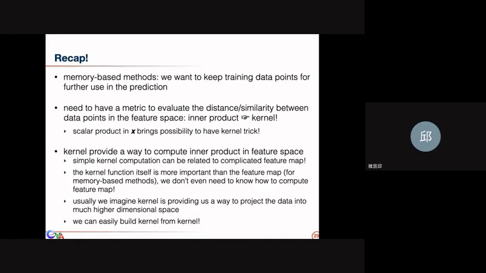Usually we imagine a kernel is providing us a way to project the data into a much higher dimensional space, because a very simple kernel computation can be related to a complicated feature map. And in the end, we also mentioned how you can build new kernel functions from existing ones, by combining some well-known kernels.